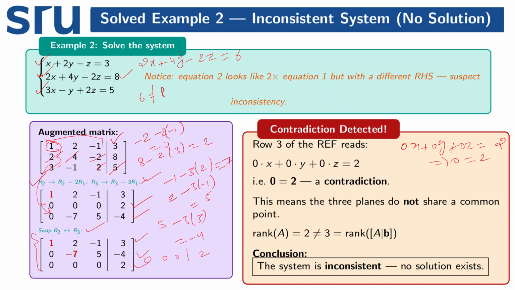Since the rank of the matrix A is not equal to the rank of the augmented matrix AB, okay, rank of A is 2, rank of augmented matrix AB is 3, so the system is inconsistent. So we conclude from this example that the system has no solution and this is an inconsistent system.